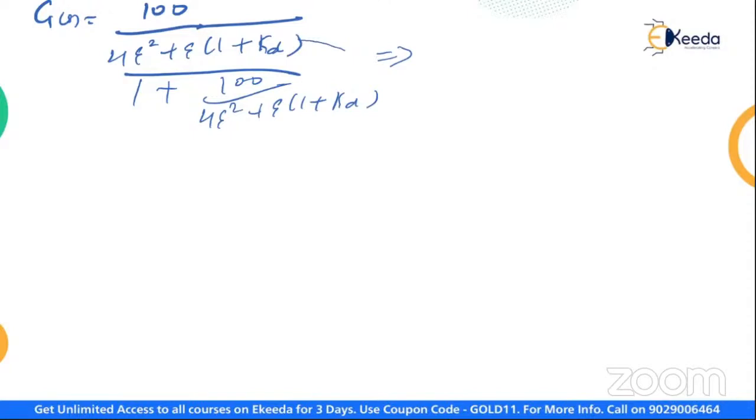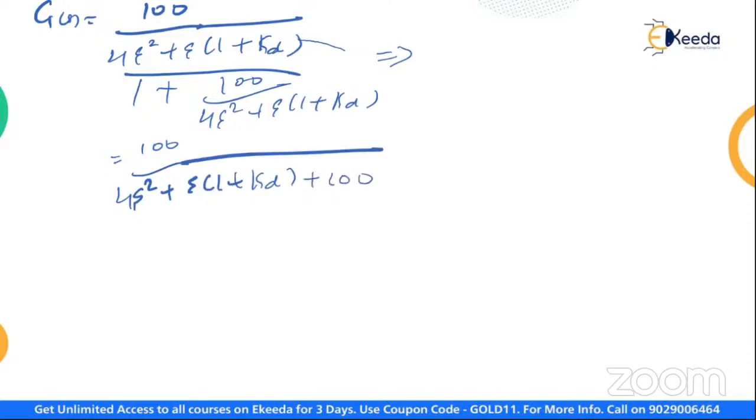Yes. Now, after simplifying this, what do you get? You get it as 100 upon 4s squared plus s into 1 plus KD plus 100, correct? Yes.